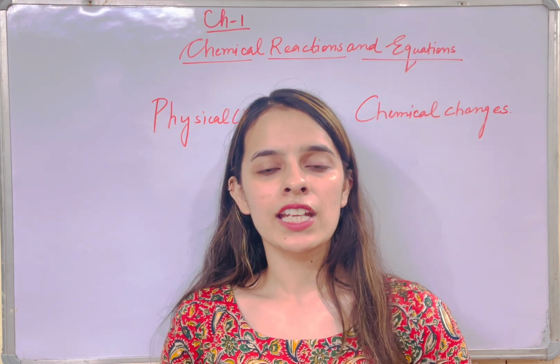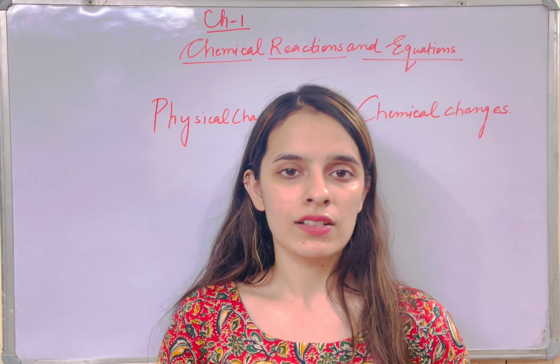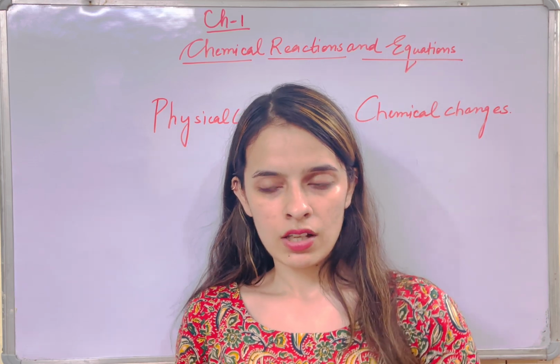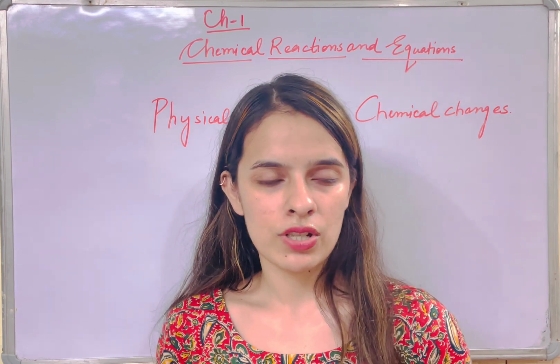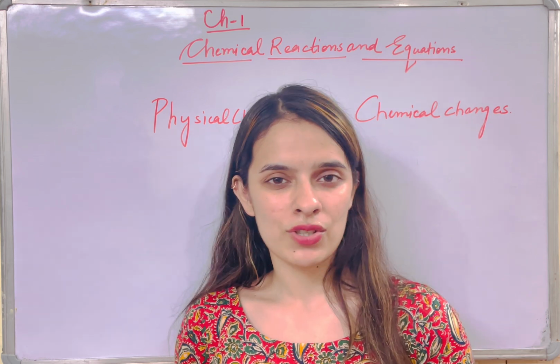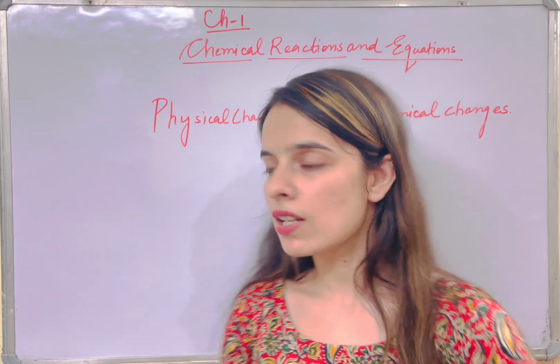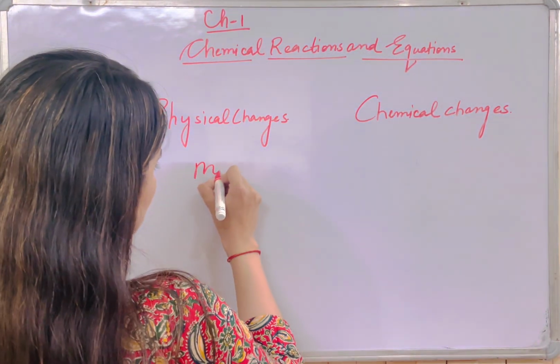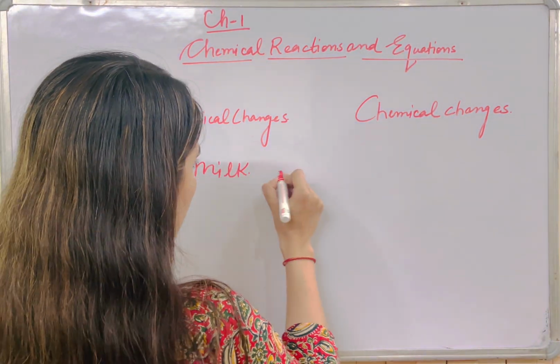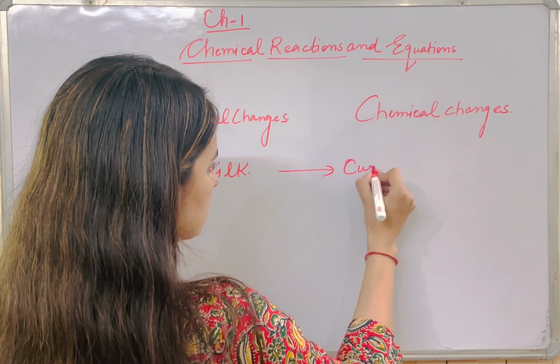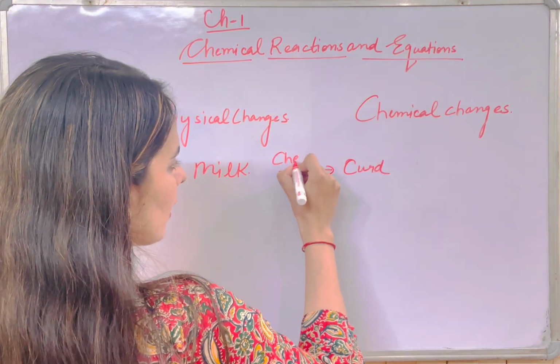Curd is no longer a milk, but it is formed from the milk. So the chemical properties are changed, and a new substance is formed. So such type of change, like turning of milk into curd, is called a chemical change.